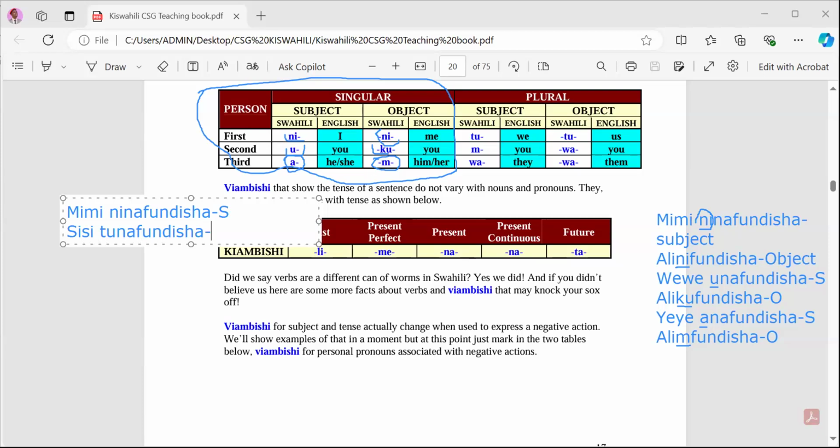So mimi is singular, sisi is plural. Now in mimi, remember the prefix becomes ni. Ninafundisha, ni. In its plural, sisi, the prefix becomes tu. Tunafundisha. And that's what is basically explained by this diagram here. Are we together there?